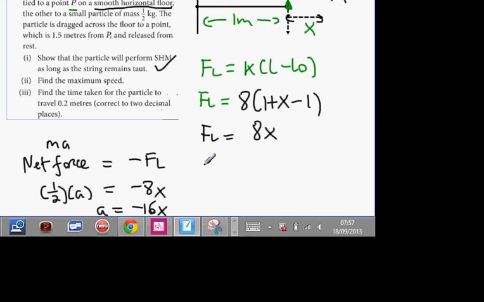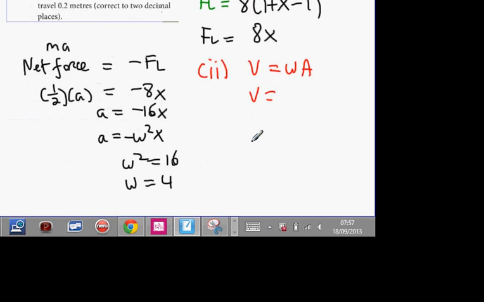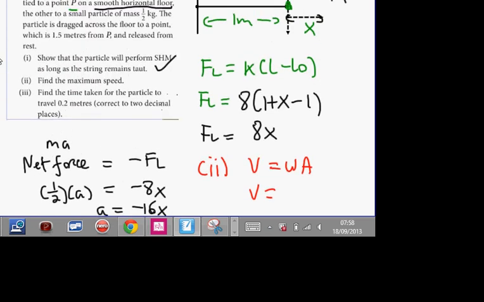Done. Find the maximum speed. What's the formula for maximum speed? v equals omega A. Therefore, v will equal 4A. What is the amplitude though? We need to figure out what the amplitude is.